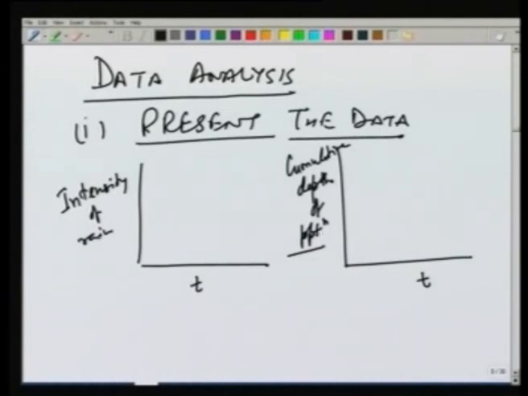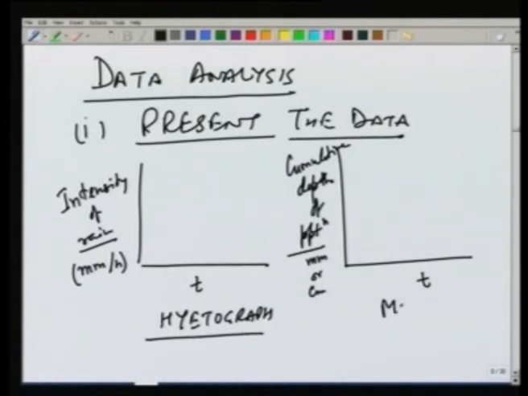So, in the intensity of rain, generally we will be using some units like millimeter per hour, and cumulative depth we can use millimeters or sometimes centimeter. This is known as a hyetograph, and this is known as a mass curve.